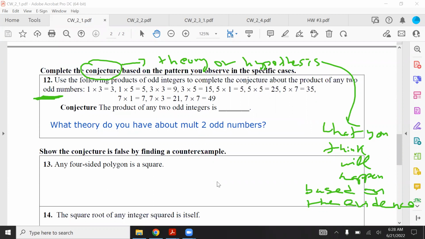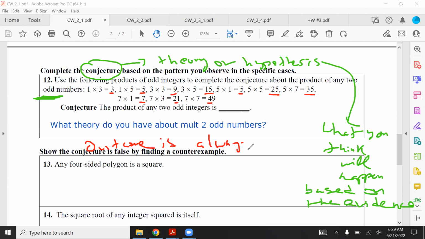There we go. Okay, so 1 times 3 is 3. 1 times 5 is 5. 3 times 3 is 9. 3 times 5 is 15. Then 5 times 1 is 5. So basically, as you're multiplying all these odd numbers, hopefully you're noticing that the outcome is always odd.